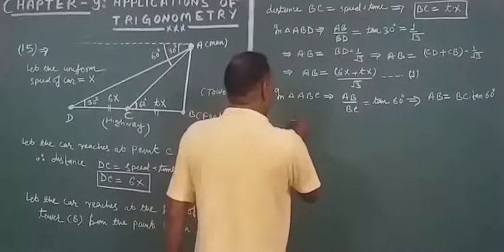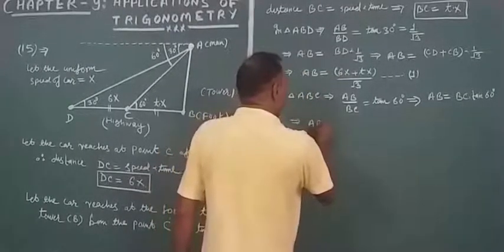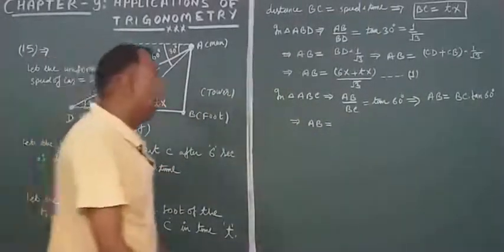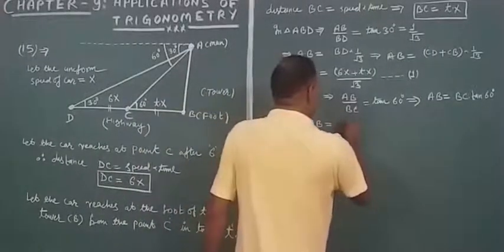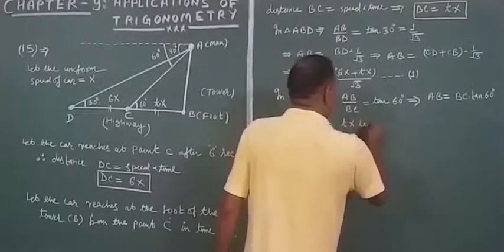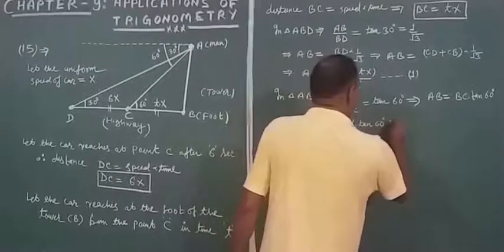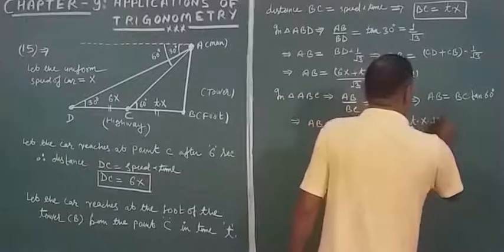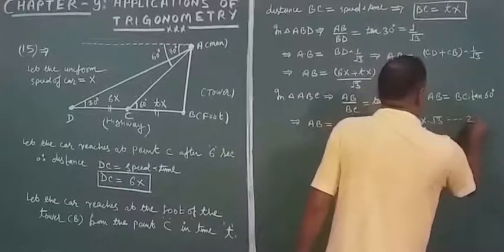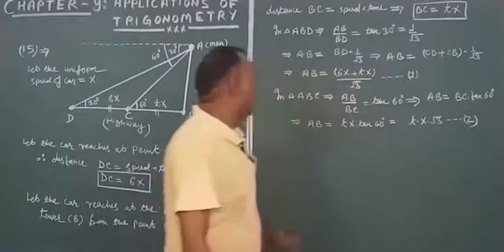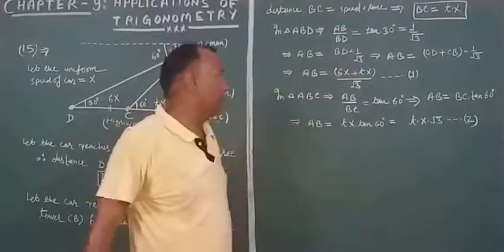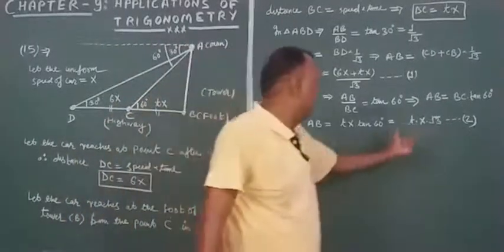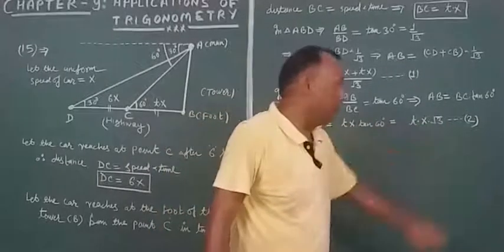Put the values. What is the value of BC? TX. TX into tan 60. And tan 60 is what? Under root 3. This is equation number 2. This is equation number 1, that AB is equal to (6x plus TX) upon under root 3, and this is equation number 2, that AB is equal to TX under root 3.